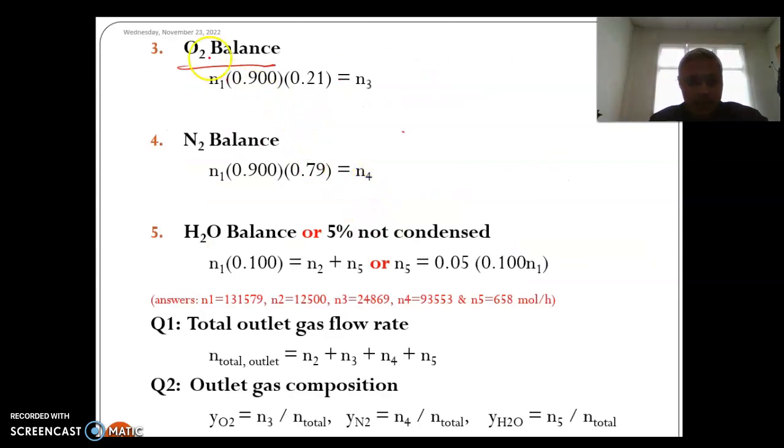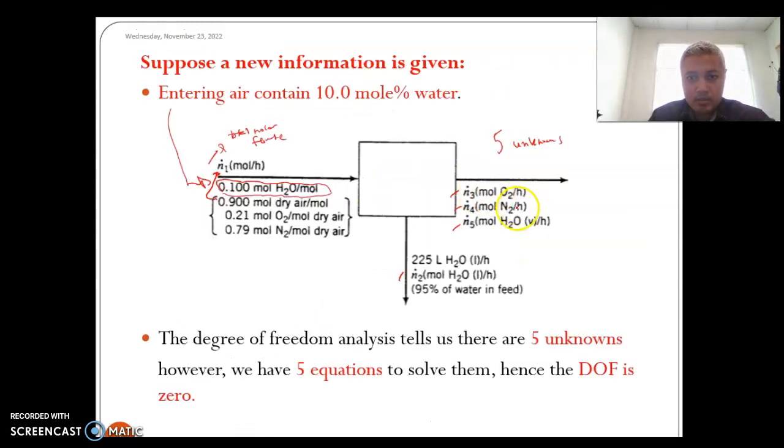That means for the O2 balance, N1 times 0.9 times 0.21 equals N3. And for the N2 balance, N1 times 0.9 times 0.79 equals N4, where N1 times 0.9 is the dry air flow rate in the inlet stream. N3 and N4 are the molar flow rates for the outlet stream here.